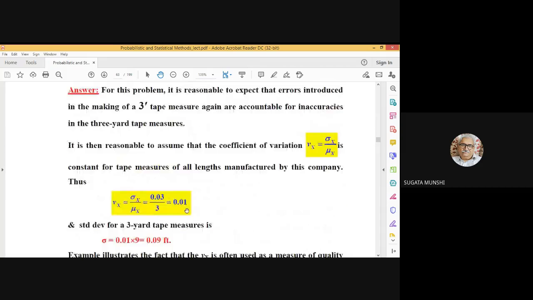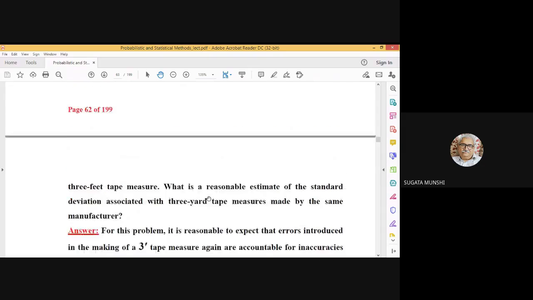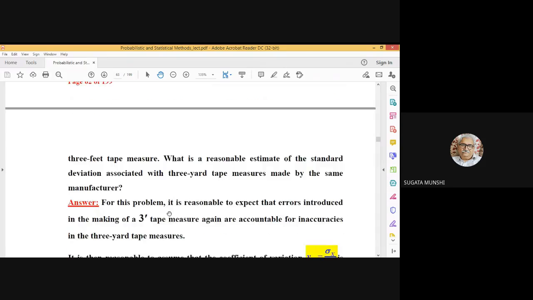So when we say here that we are measuring a 3-feet tape, it means that the mean value of the tapes is 3 feet. When we say that we are measuring a 3-yard tape, it means that the expected value of the tape is 3 yards.